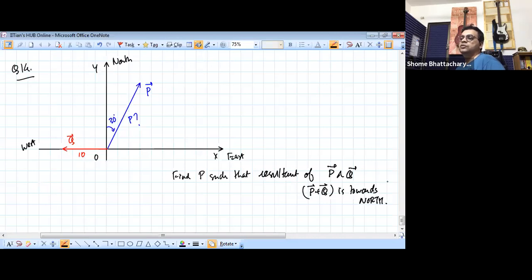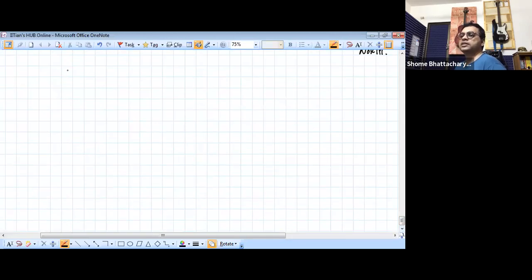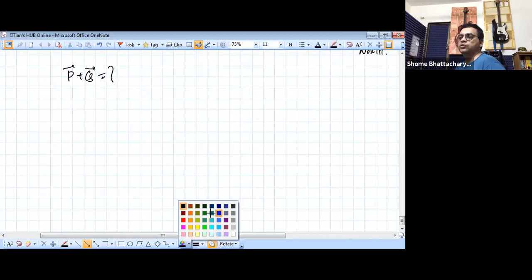So how do we find the magnitude of P so that this happens? Just use the vector triangle. Convert this into a vector addition triangle. So how will we do P plus Q? How to show the operation P plus Q? First draw the vector P from our origin only, which is already drawn over there.